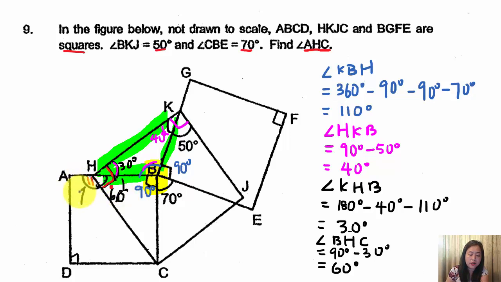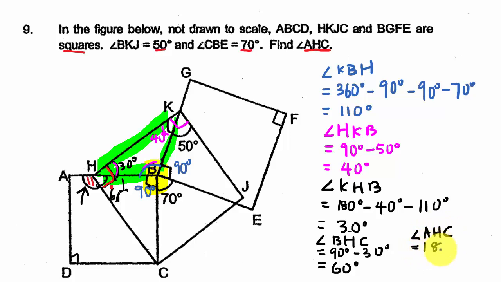And finally, to find this, we just have to use angle on a straight line, which will be angle AHC is equal to 180 degrees minus 60 degrees, which is equal to 120 degrees. And we have found our answers.